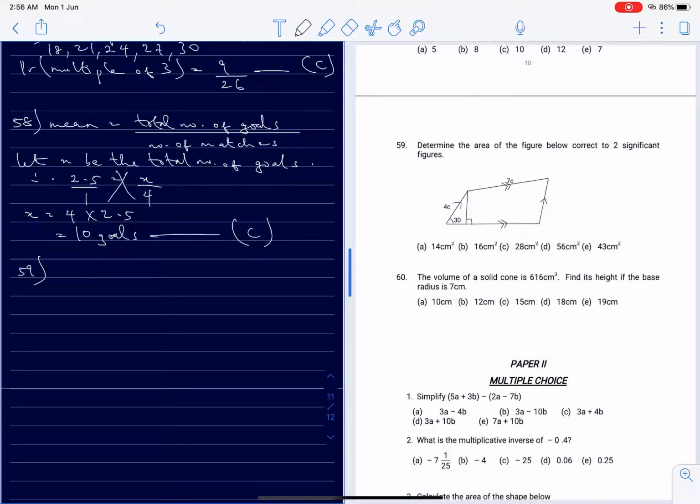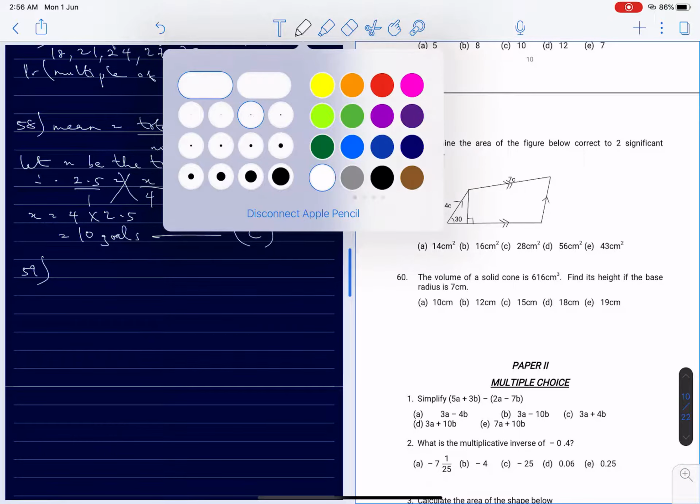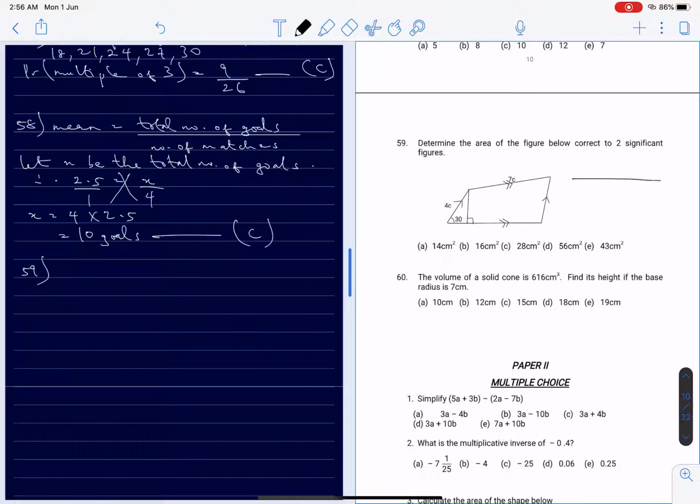Okay, maybe it is. Let's see. If I'm able to find this, then I'll be able to find the rest. I think I can make the diagram better. This is what I think it should look like. The diagram should actually look like this. I think I can make it better. It should look like this actually.